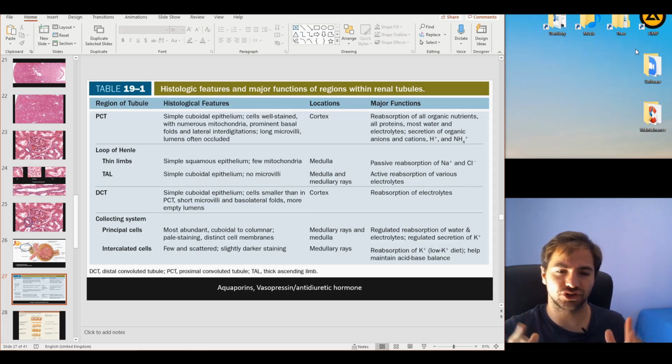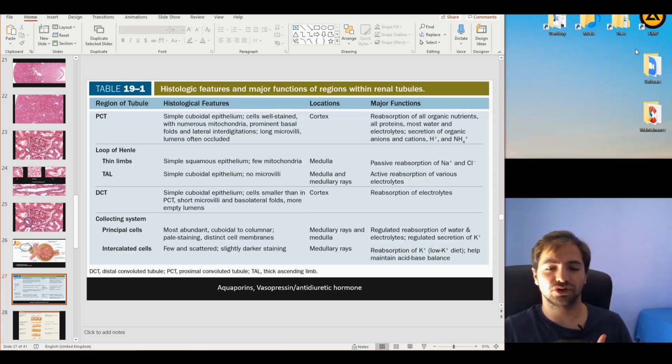This is just a mention of why you should really understand and care about the thin loop of Henle. This is the area where we have the passive reabsorption of sodium and chloride, and of course the active reabsorption in different components. Typically, it is logical that the thin segment, which contains only simple squamous epithelium, will not be able to facilitate active reabsorption.